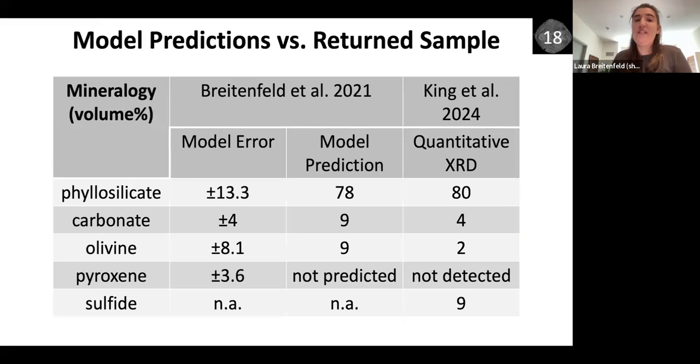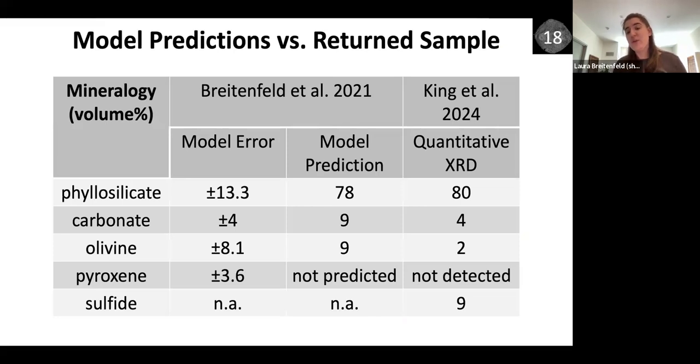So here we have a summary of the model predictions versus information from the returned sample from this past year. So we're looking at predictions of the phyllosilicates, the carbonates, the olivine. In this case, we're looking at mineralogy in volume percent.